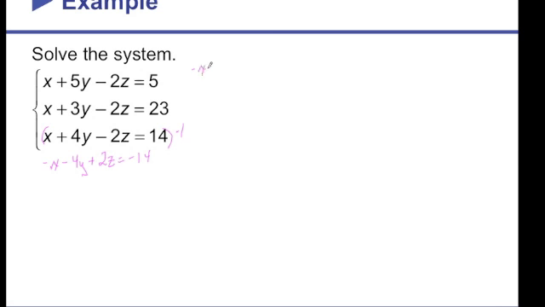Now I'm going to take that equation and add it to the top equation, x plus 5y minus 2z equals 5. The x's go out. I end up with 1y. Oh, the z's go out, and it equals -9. So I have a y value already. y equals -9.